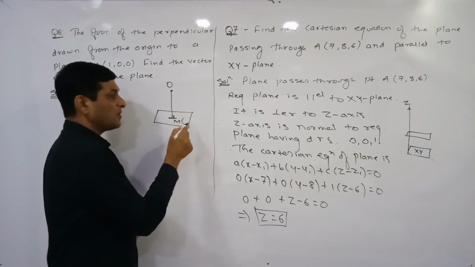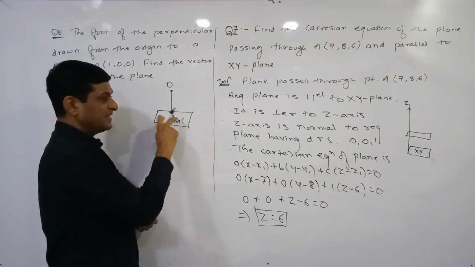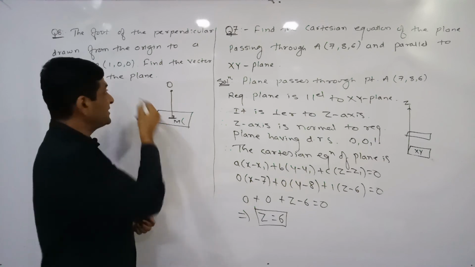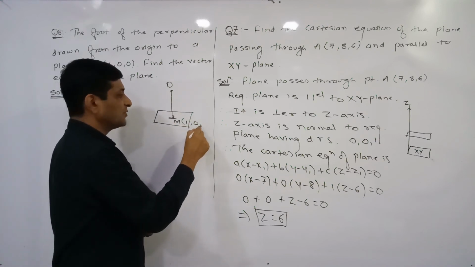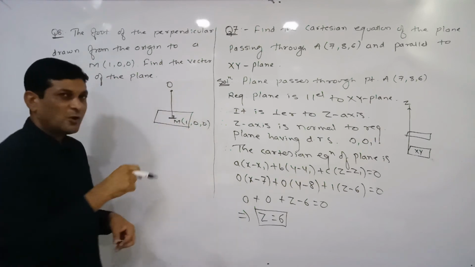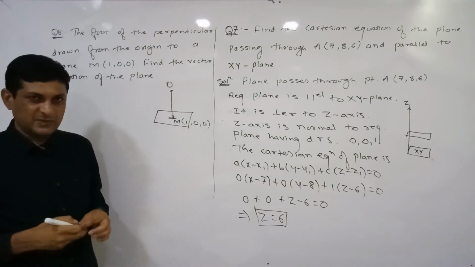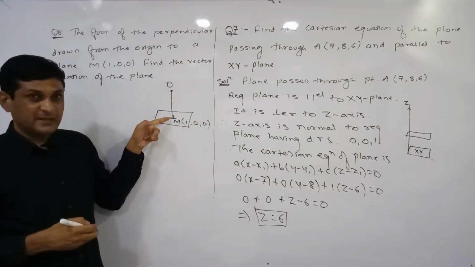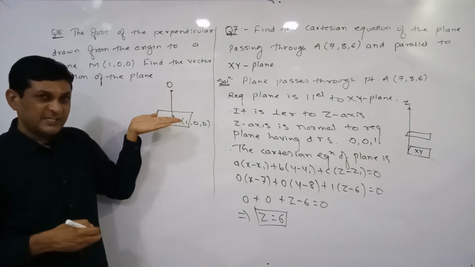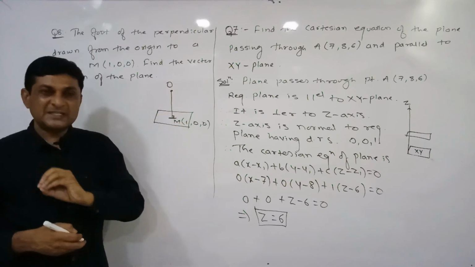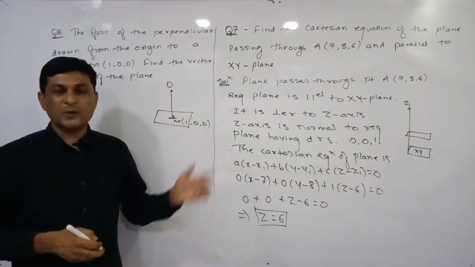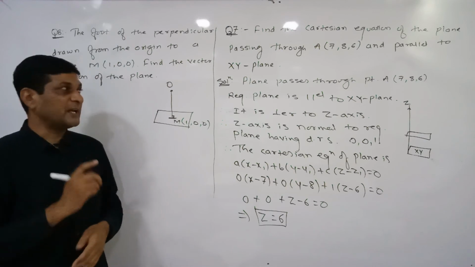Since M is the foot of perpendicular, definitely M lies in this plane and its coordinates are 1, 0, 0. Means the coordinates of one point on the plane are given to us. M is the foot of the perpendicular drawn from the origin to this plane, means M is a point in the plane, so indirectly we have got the coordinates of one point on the plane.